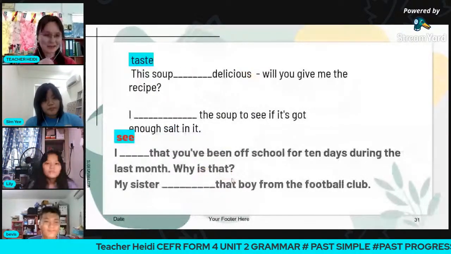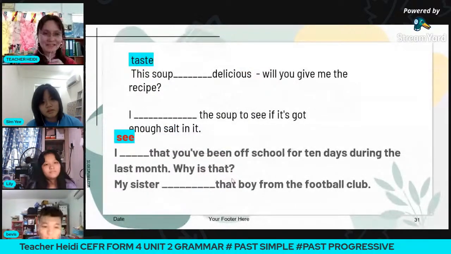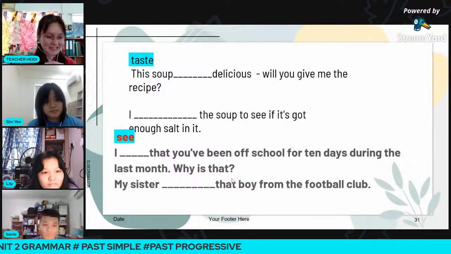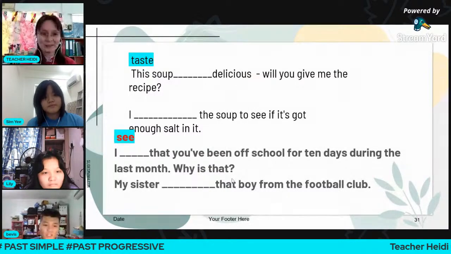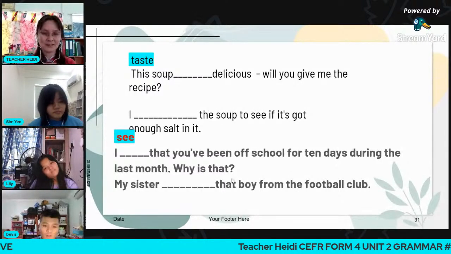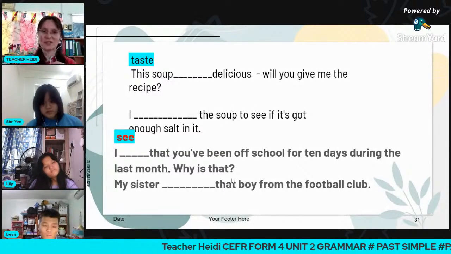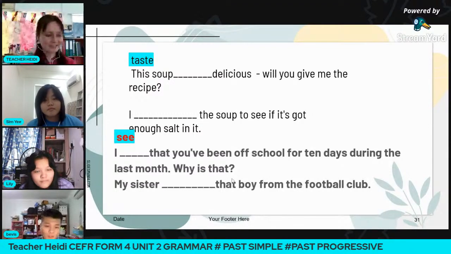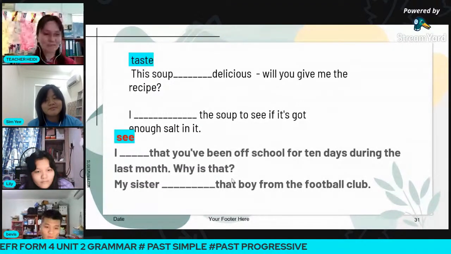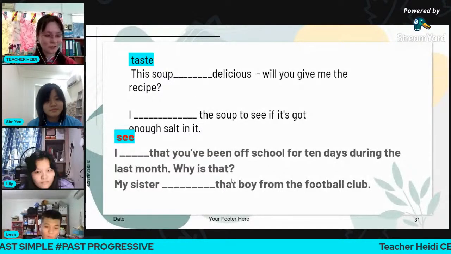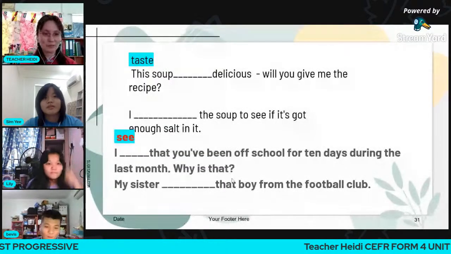Okay, the next one. Lily, you do the taste. And then Bavis, you try the see. See whether you know which one is using the simple present, and which one is using the ing. Whoever is ready, you can answer, or the rest of you can type at the chat box. Teacher welcomes you to just type.